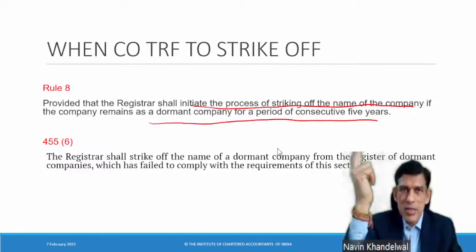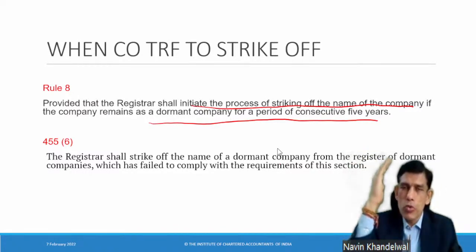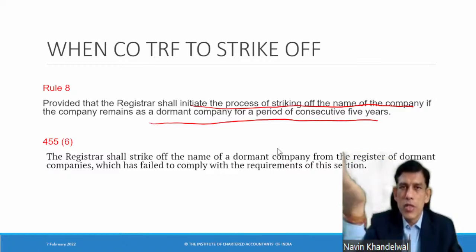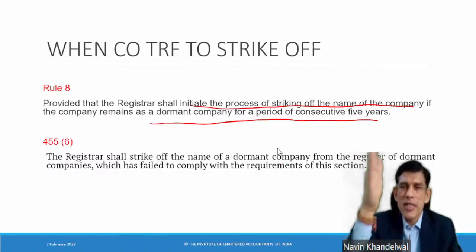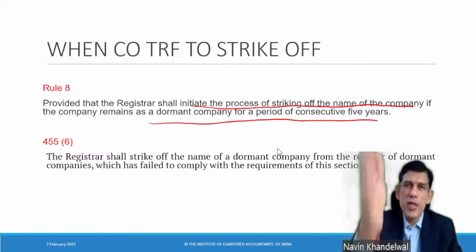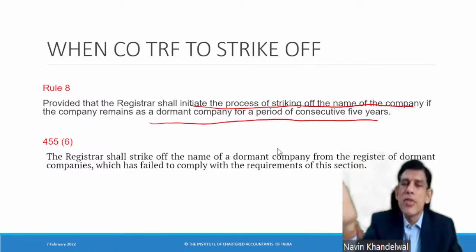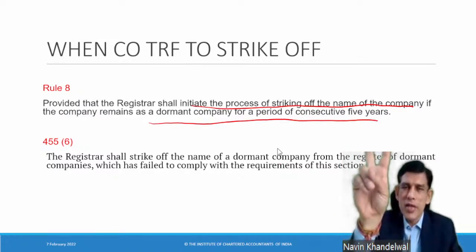So first you have to go to the section for the striking of the company's name, 248.1, where you have to mention why the registrar can strike off your name. Then you have to mention within 248 and 455, the registrar can either strike off or make your company's status dormant because of 2 consecutive years.